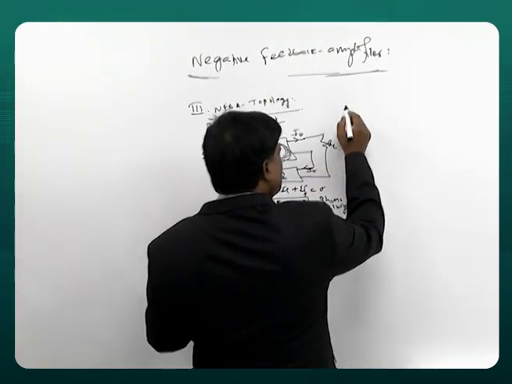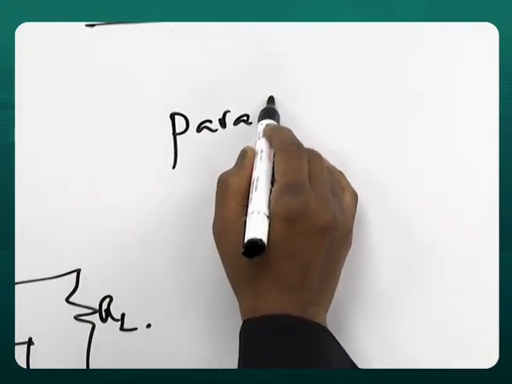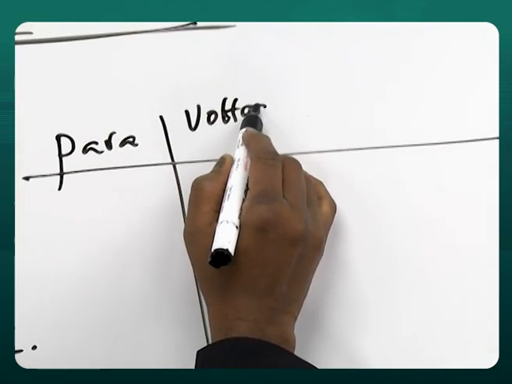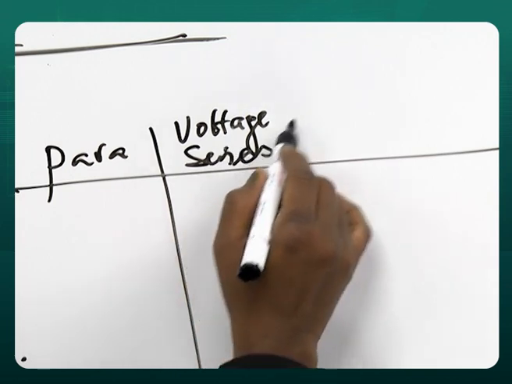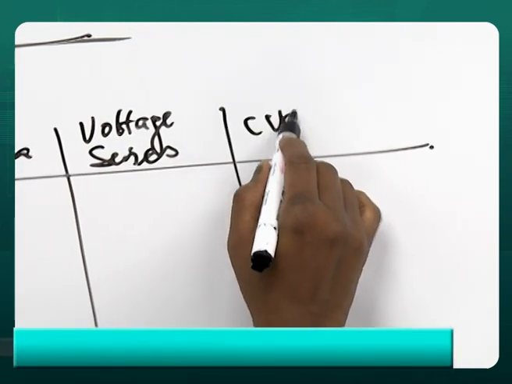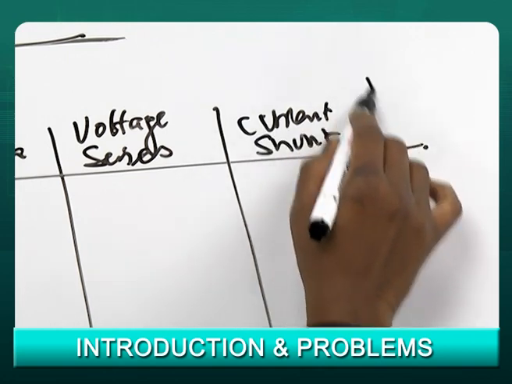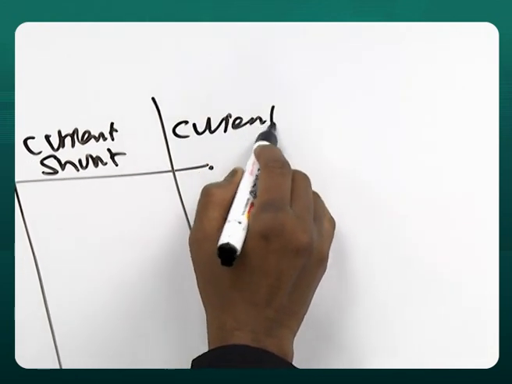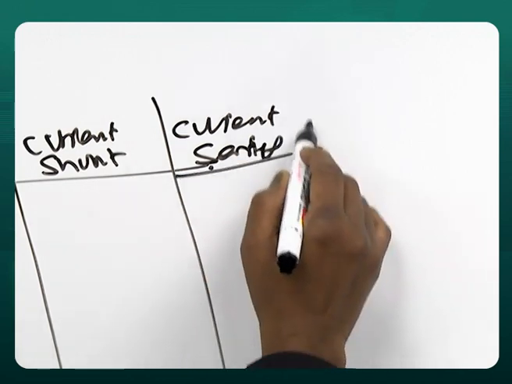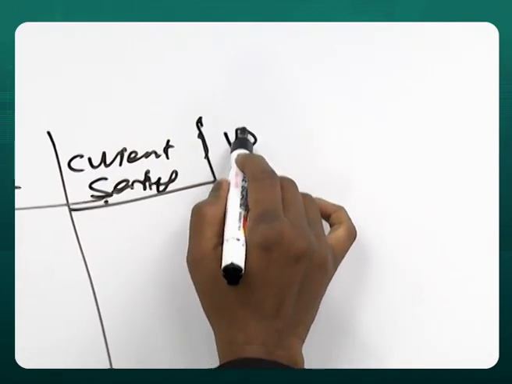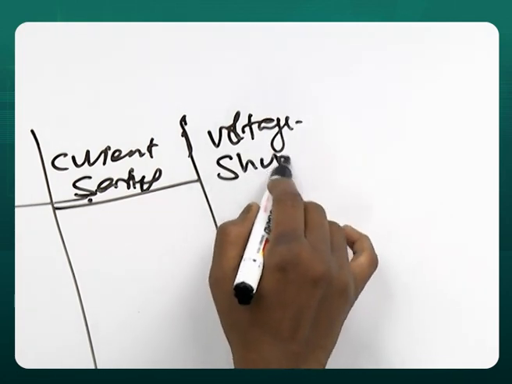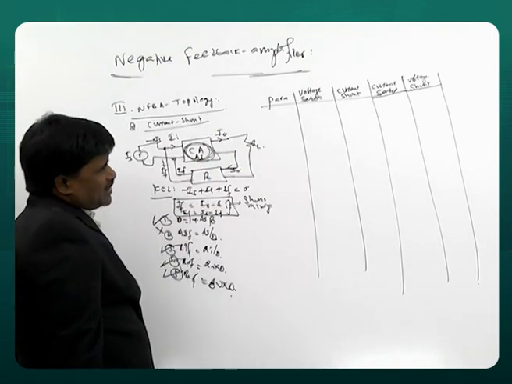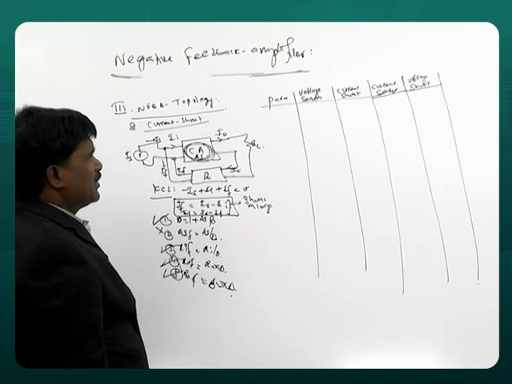So let me summarize. Parameter: voltage series, current shunt, current series, voltage shunt.